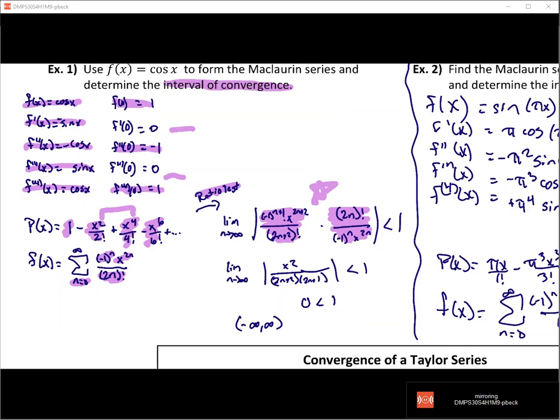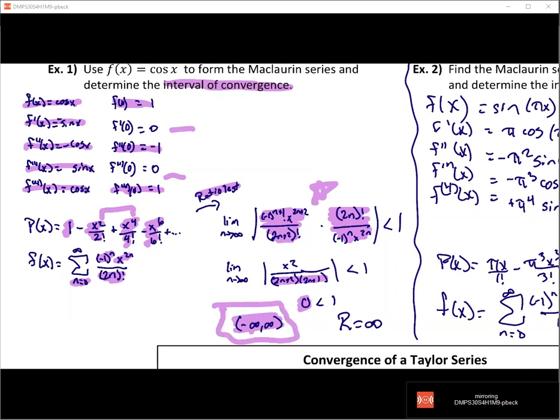Then we find the limit, so we simplify algebraically. If we notice, we only have n's in the denominator, so we have x squared over infinity, which ends up being 0. What that tells us is our radius of convergence is infinity, because that's always true. Therefore, we go from -infinity to infinity for our interval of convergence. And that is what we're looking for.